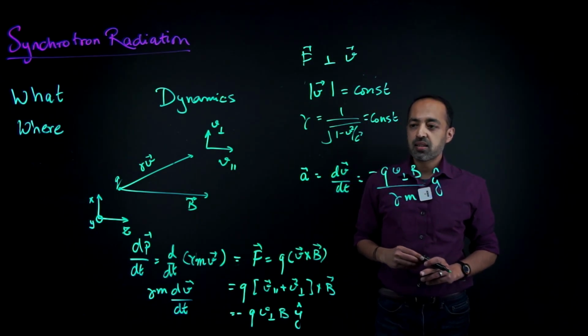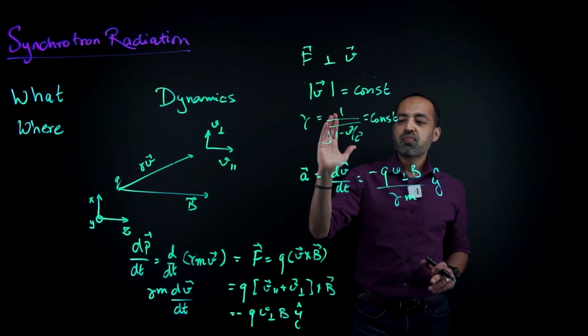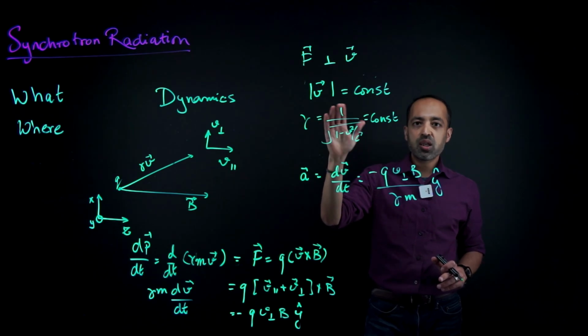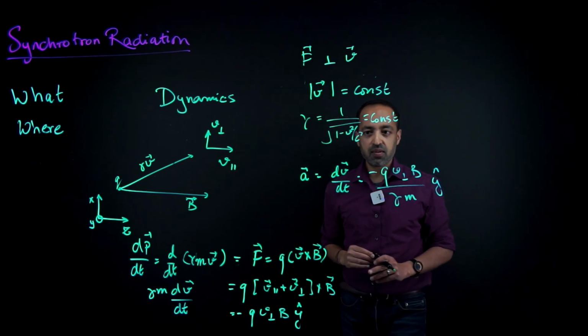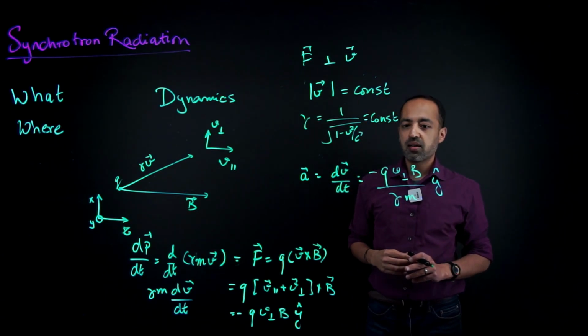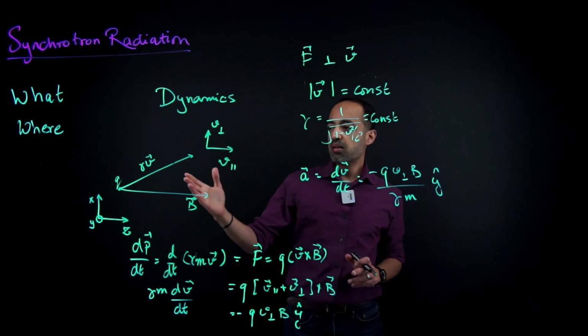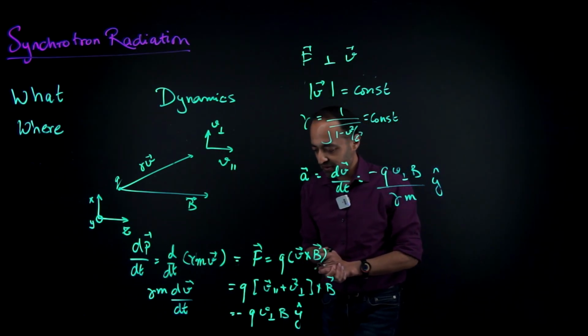And you note that this acceleration vector is perpendicular to the velocity vector. So this tells us, as we expect, that the acceleration is going to change the direction of the velocity vector, but it's not going to change the magnitude. You can see this by decomposing this acceleration vector into components parallel and perpendicular to the velocity, and you'll see that there's only a component that's perpendicular to the velocity.